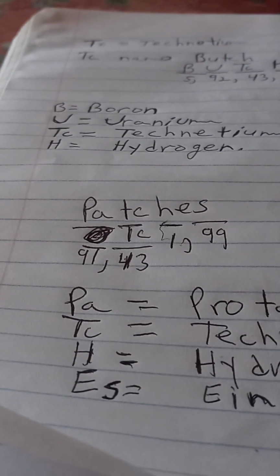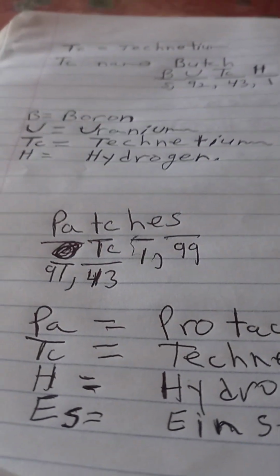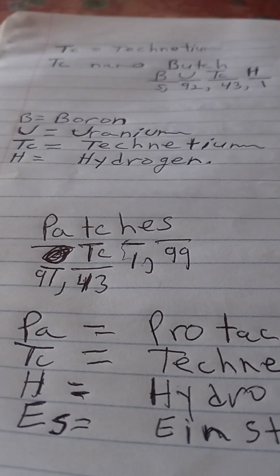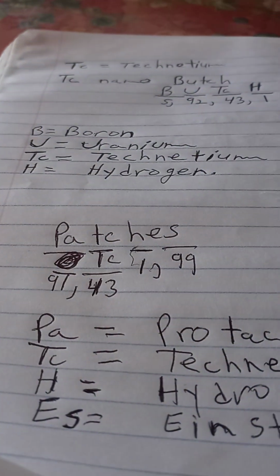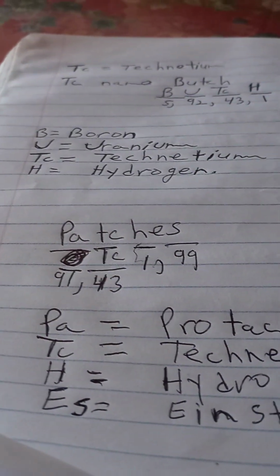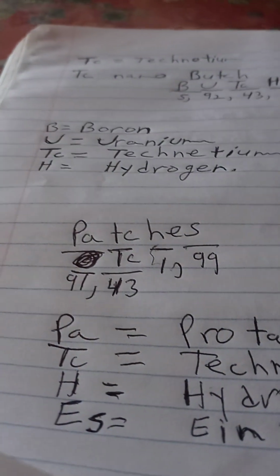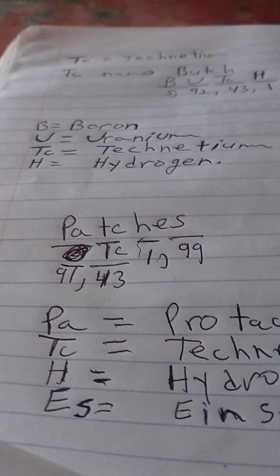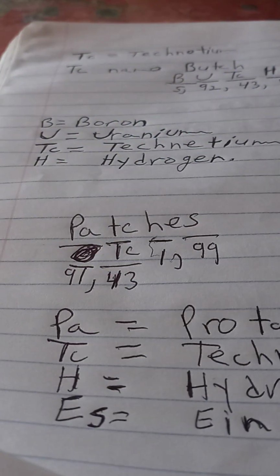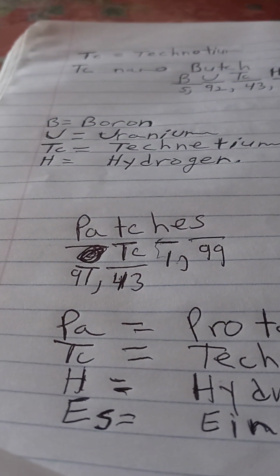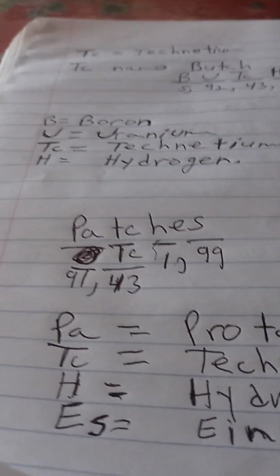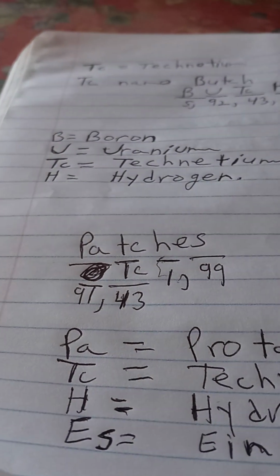I myself have passed many quizzes on TikTok on the chemical symbols because I studied it. You don't have to be a chemist or take up chemistry in order to learn and memorize the periodic table of elements, or the chemical symbols. All right, just to let you know.